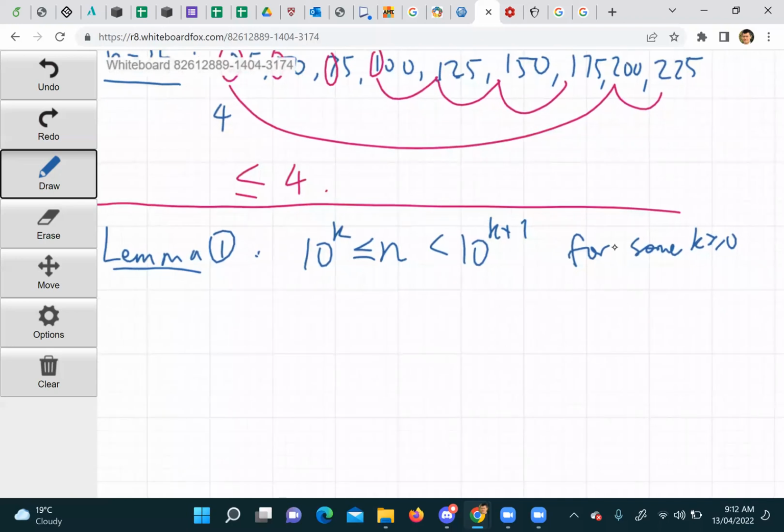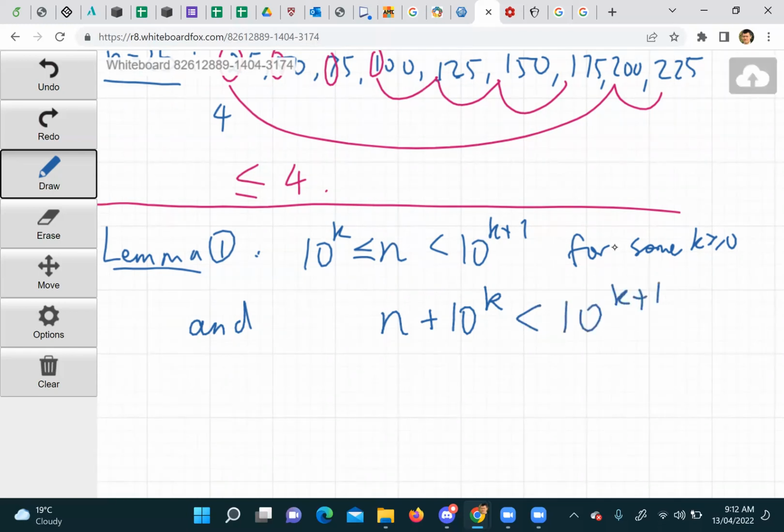And then assume n plus 10 to the k is also less than 10 to the k plus 1.